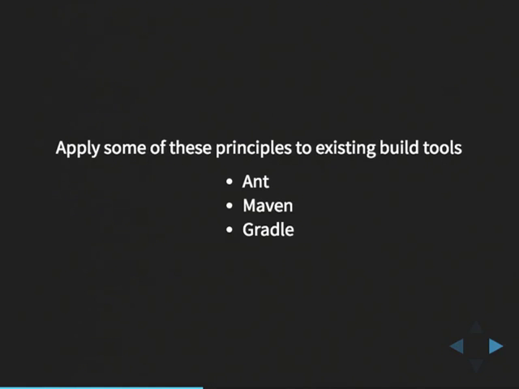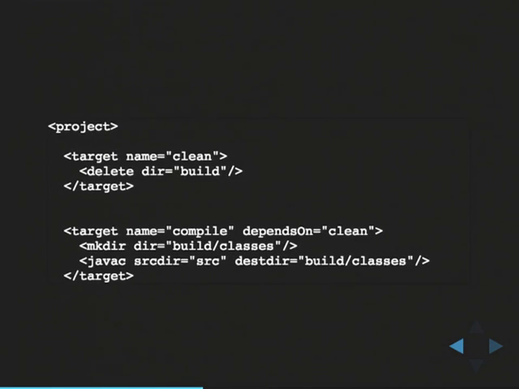So let's talk about Ant, Maven, and Gradle. Ant, as many of you probably used at one point in your past, is an XML-based build tool. You can specify dependencies that are just XML dependencies, where one task depends on another. And then inside these XML dependencies is all the specific state about what this task is going to do.